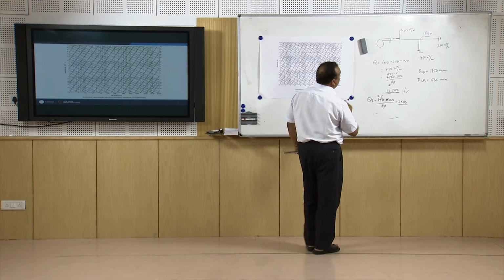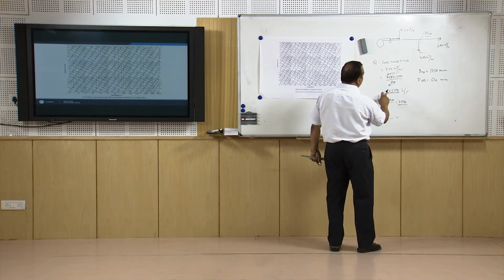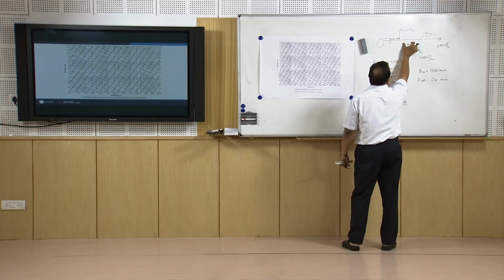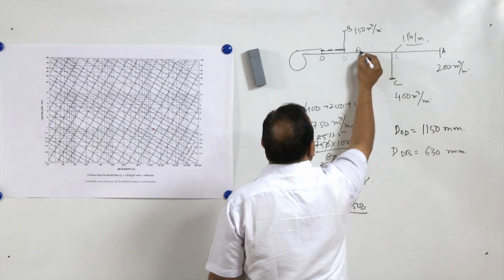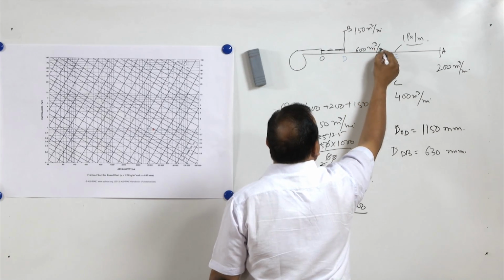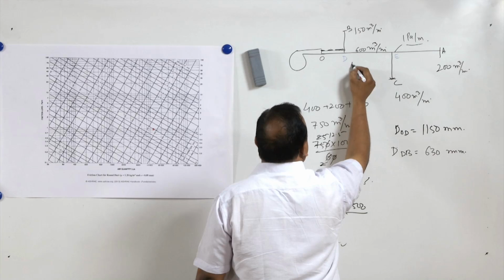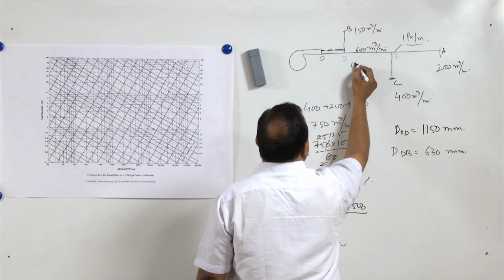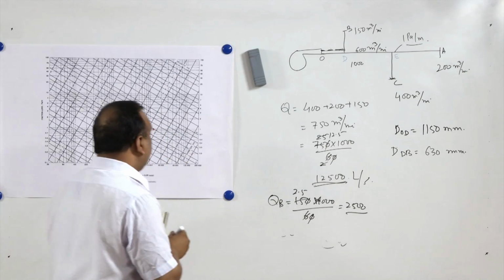Similarly, diameter of DE. The flow through DE is, total flow 750 minus 150, 600 meter cube per minute, or it is going to be how much? 10,000. Flow through DE is 10,000 liters per second.